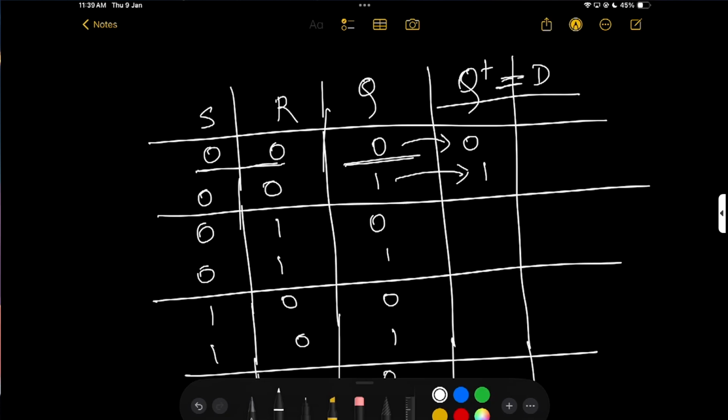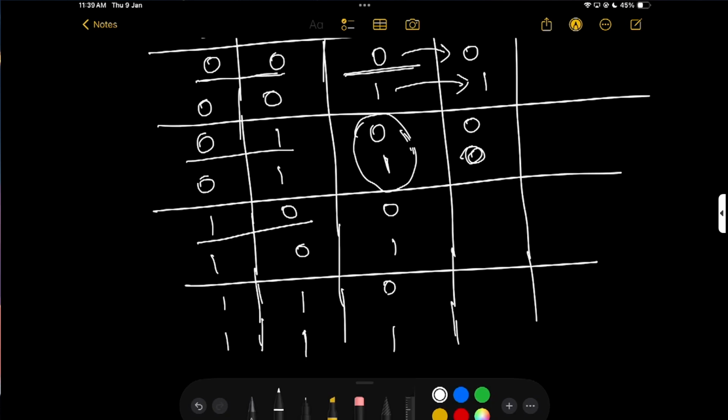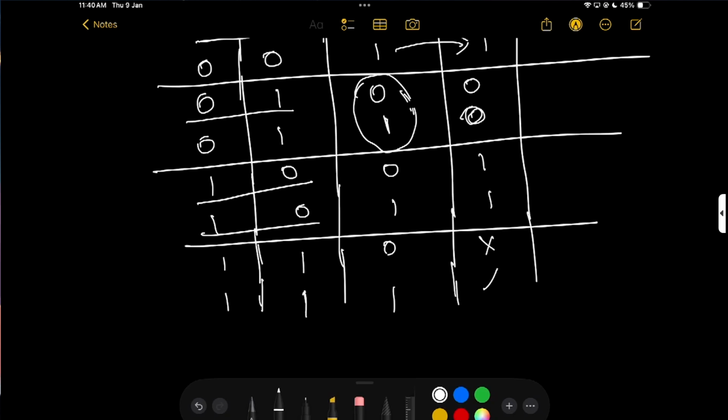But when it is 0 and 1, so S equals 0 and R equals 1, reset is high, so my next state equals 0, no matter what your previous state is. It does not depend on the previous state. And here again the set condition, and 1 1 is the invalid condition.